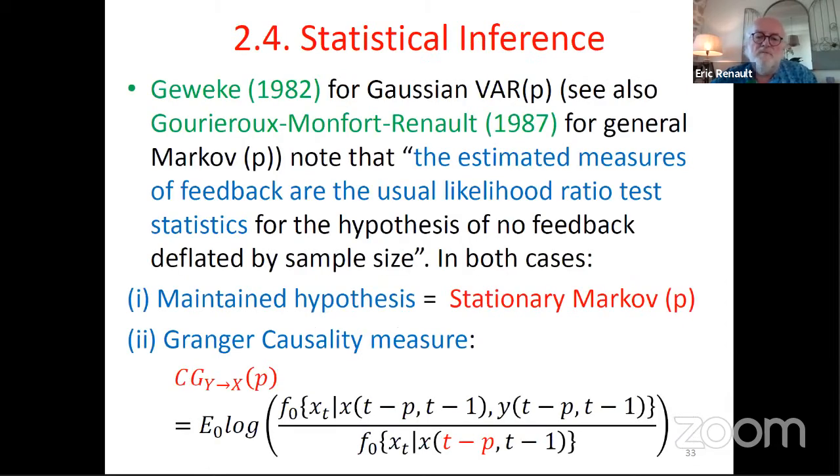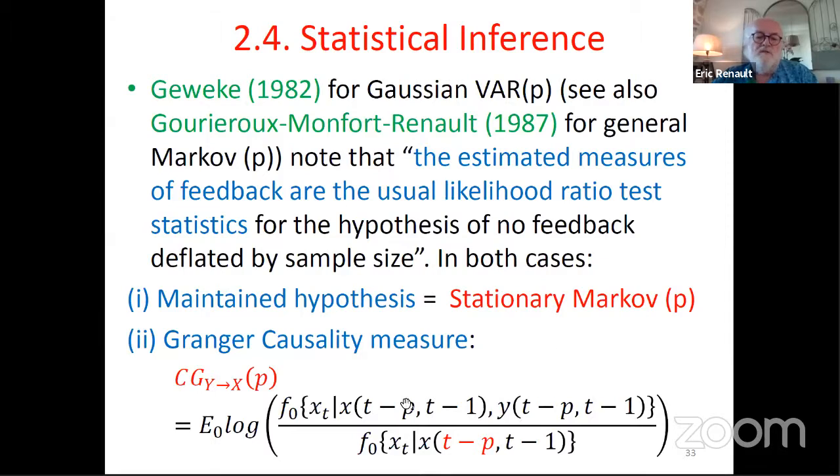Okay. This has consequences for statistical inference. I will not be too long, but basically what Gouriéroux and Monfort and I had done, overlooking this difficulty of a number of lags, we had maintained the assumption of jointly Markov, and we had, as we remember, the correct number of lags in the X equation.